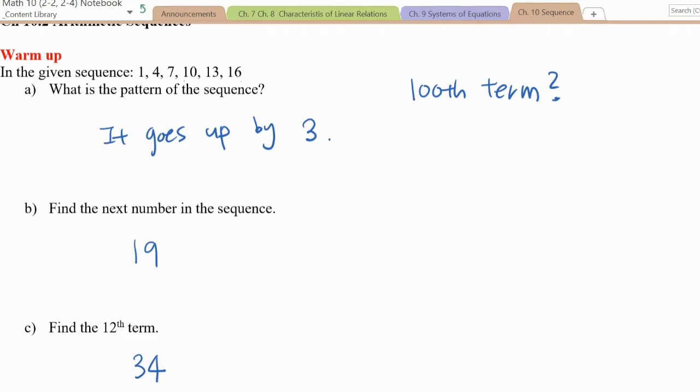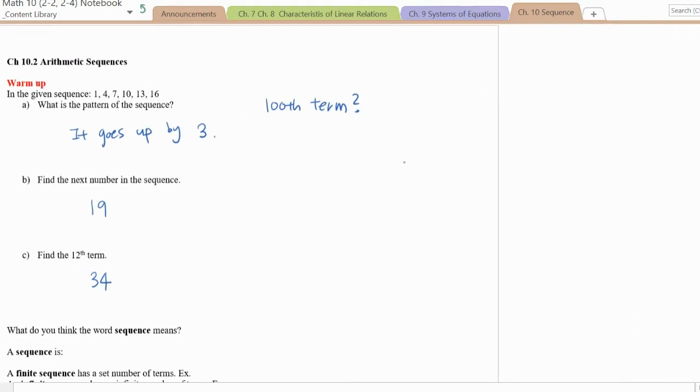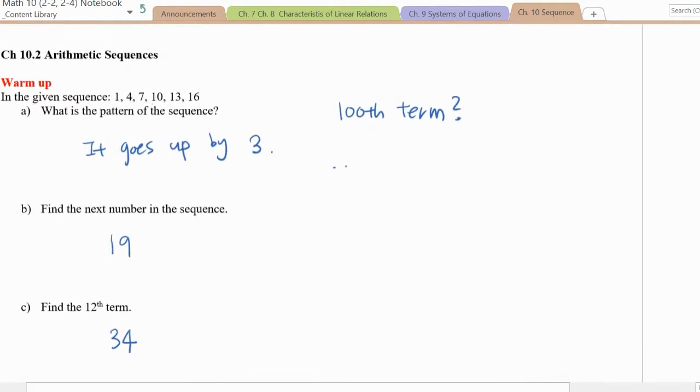So for the first term we use T1. T1, what is the first term? It was 1, right? So the first term is 1.